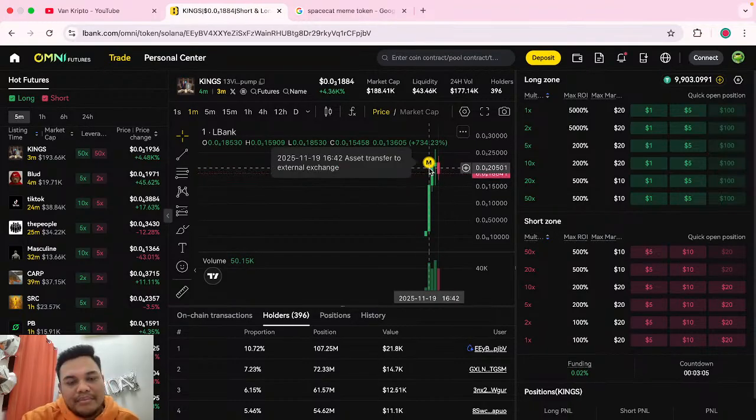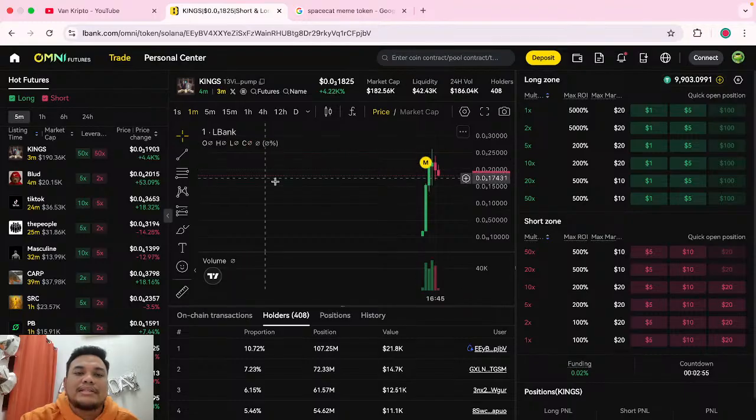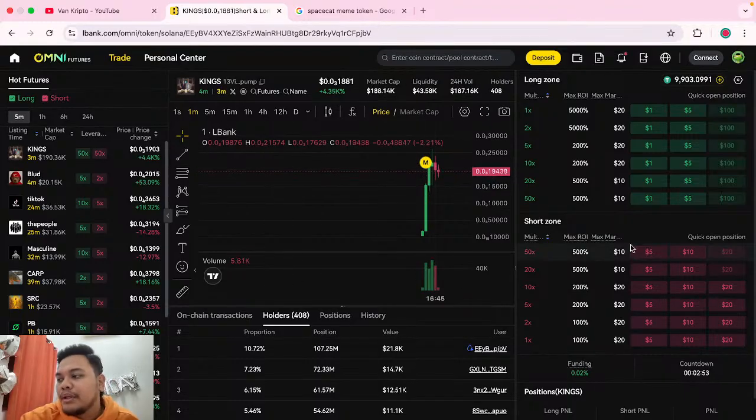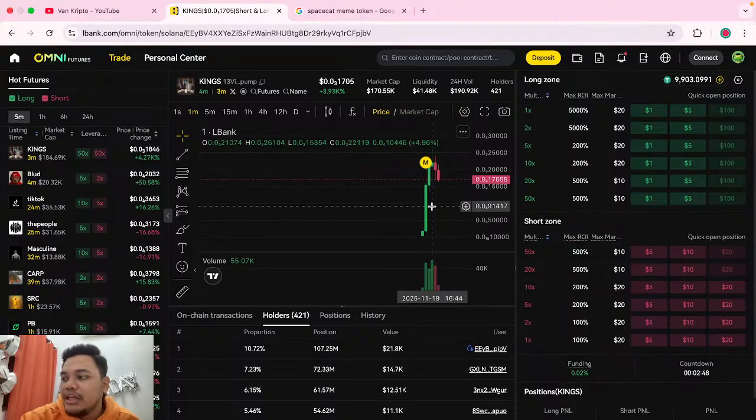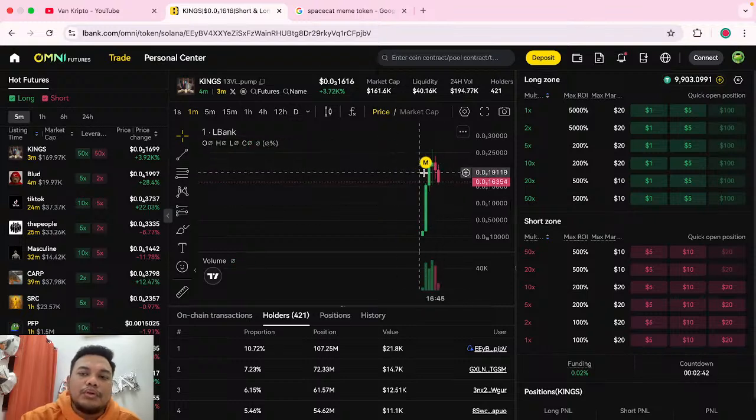So basically, the M circle is a signal that the token has migrated from the internal platform, which is a Pump.fun pool, to the external pool. So this is the external pool. Before the migration, you can only trade it on Pump.fun, which is the internal one.